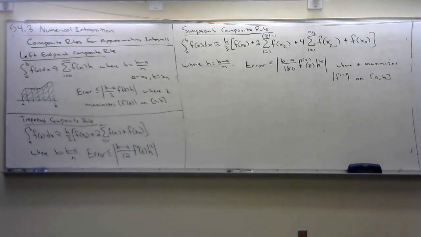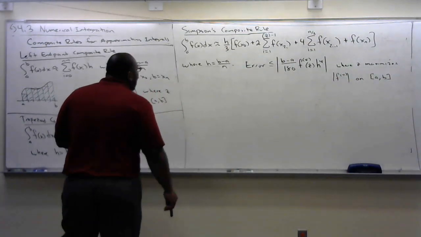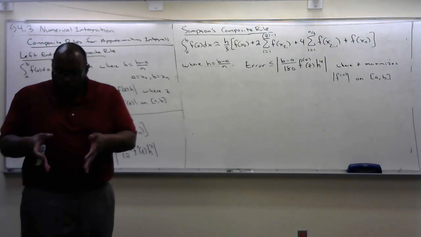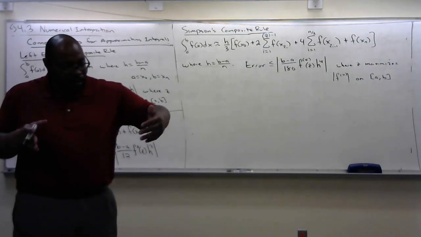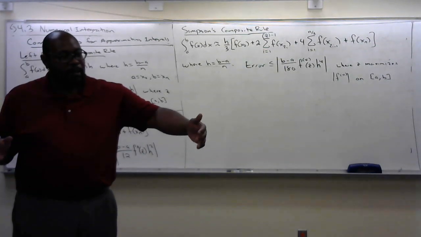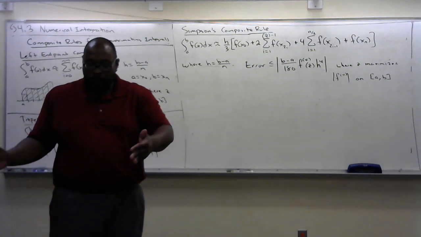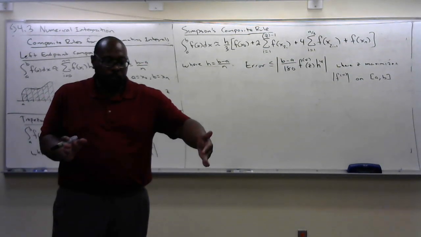I know that's a lot to keep track of, but it's not that terrible. A lot of times we don't even use this formula at all. We just remember how Simpson's rule works. The first problems we did, all they were doing is summing up smaller versions of those, subdividing the interval, doing Simpson's rule on each set, and then adding all of those Simpson rules together.